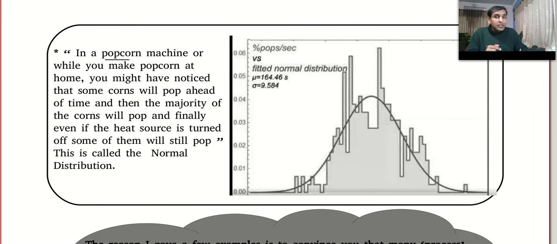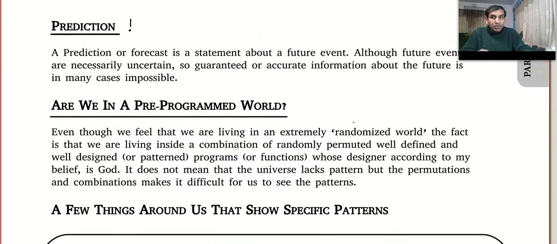Then the rate of popping will increase and increase and increase. And even if you turn off the heat, again a few of them will pop. See, there is a pattern and this pattern is called the normal distribution.